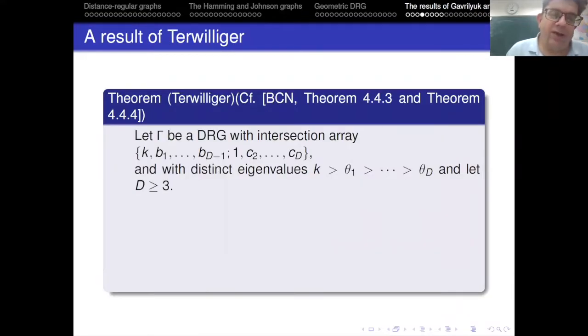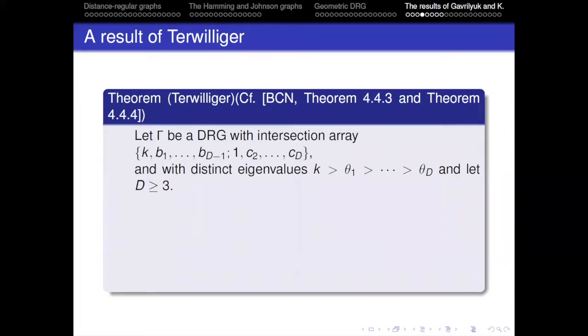So I will first start with the result of Paul Terwilliger. This is a fairly old result, I think in the 1980s. So we start with a distance-regular graph with distinct eigenvalues k, theta_1 up to theta_d, and we assume that the diameter is at least 3. It also works for diameter equal to 2, but we are mainly interested today in diameter 3.